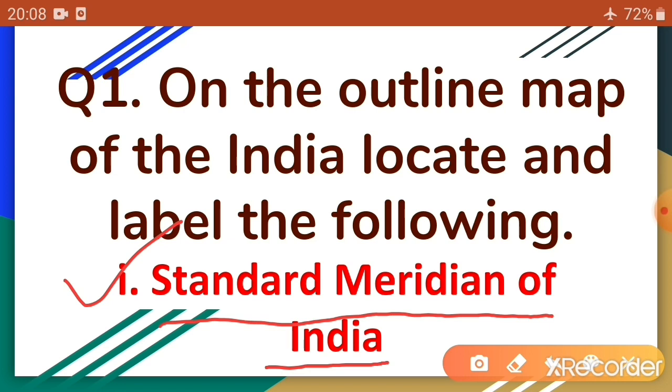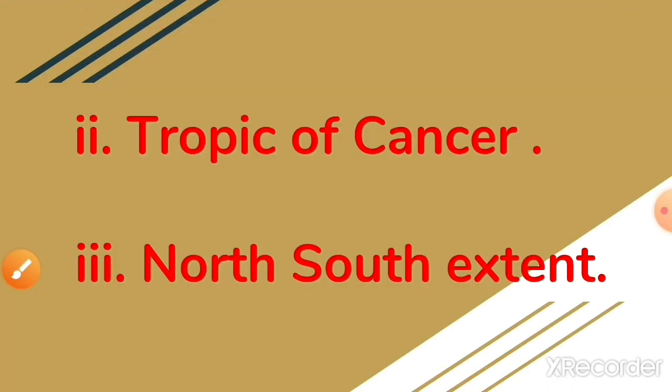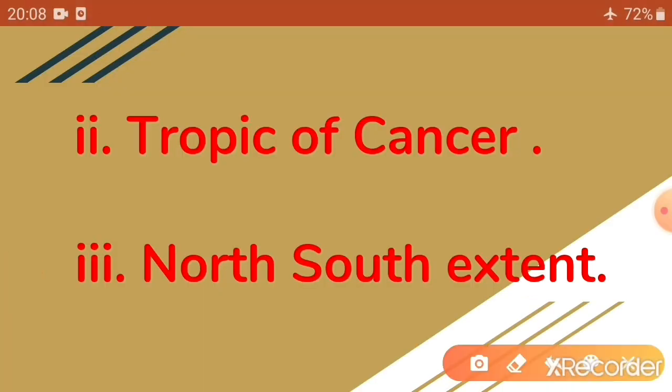Our next question, question number 2, is Tropic of Cancer. We all know Tropic of Cancer divides our country into two equal parts. So again, you're going to draw a line, okay, and write there question number 2 and Tropic of Cancer on the line, okay. And our third question is north-south extent.